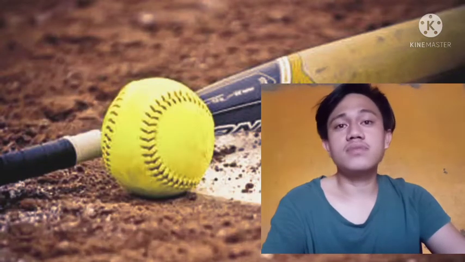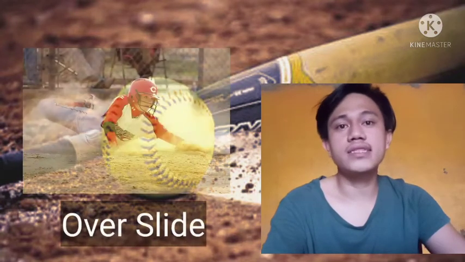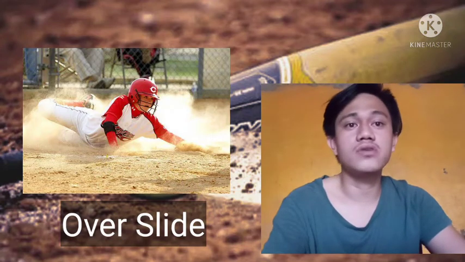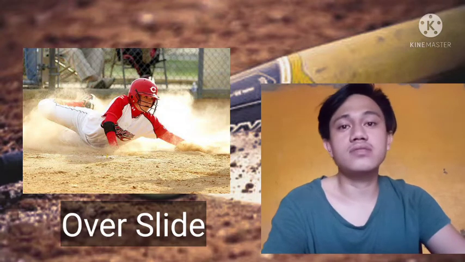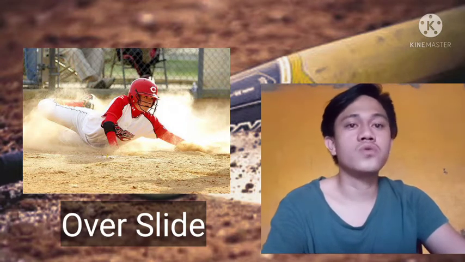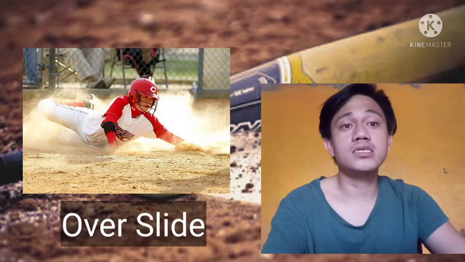In section 75 is the overslide. An overslide is the act of an offensive player when a runner overslides a base and is attempting to reach it, usually caused when his momentum makes him lose contact with the base.